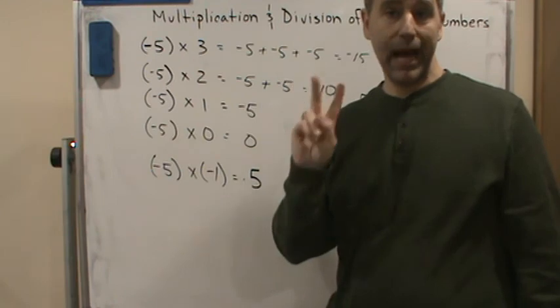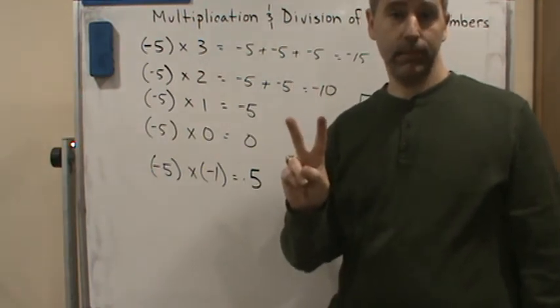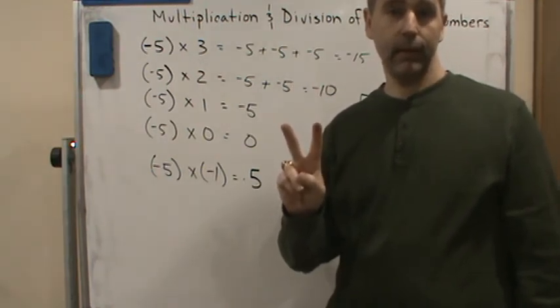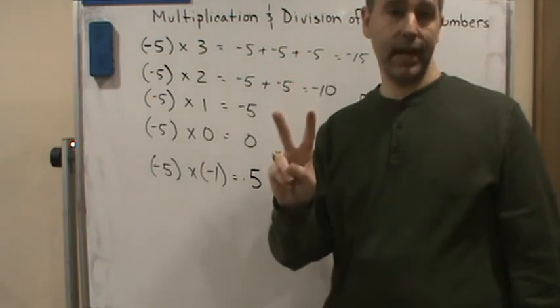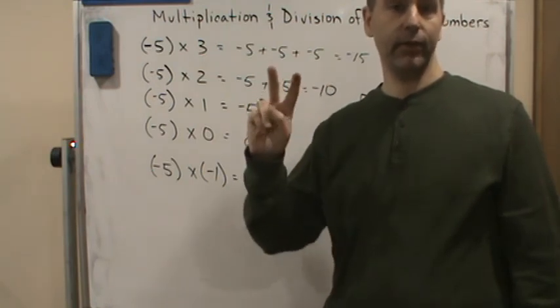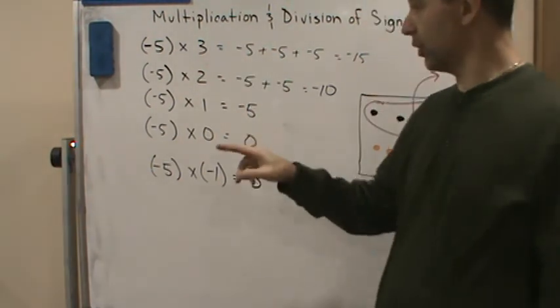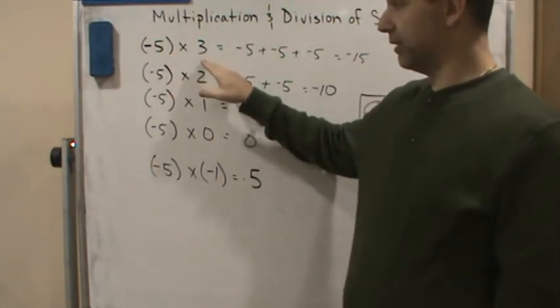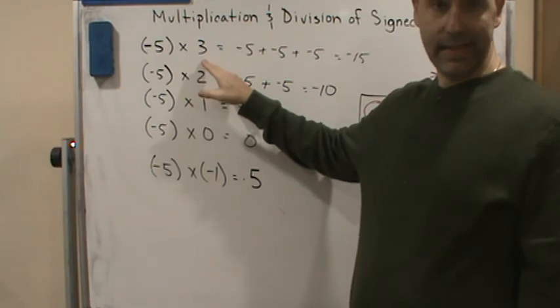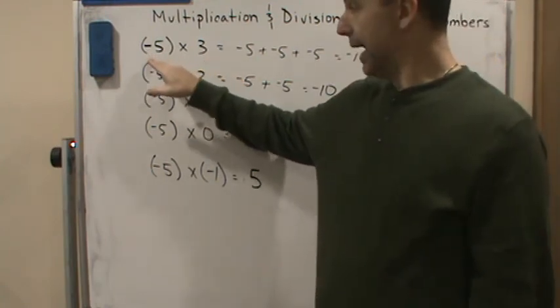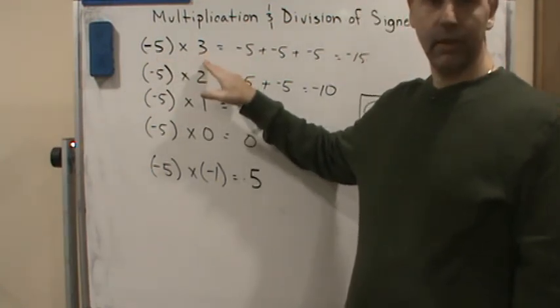If the numbers have opposite signs, okay? If the two numbers have opposite signs, then they're going to have a negative. So a negative times a positive is negative. Or a positive times a negative is negative.